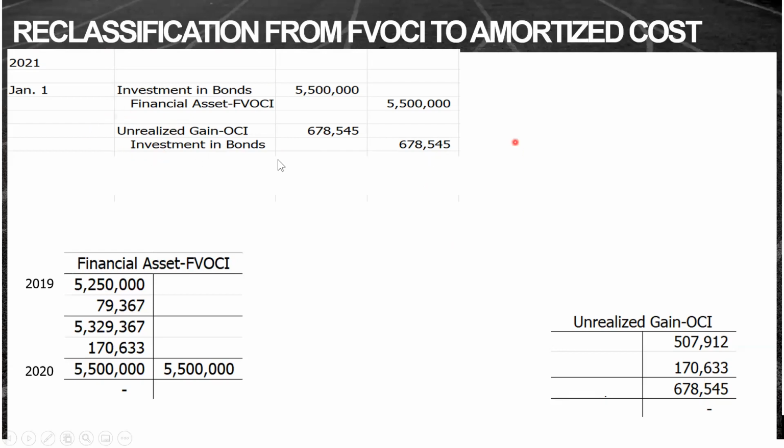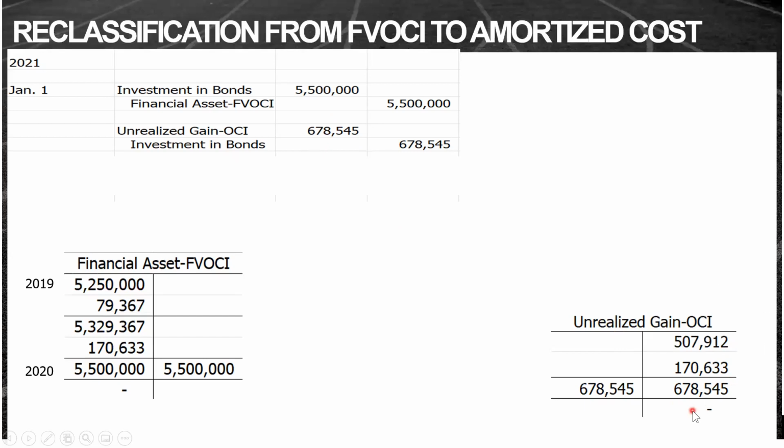So, anong effect ng entry na to? Ang effect ng entry na to is actually you're trying to revert your investment to the amortized cost na balance. So, this will be the effect for our unrealized gain OCI. Itong entry na to will zero out the unrealized gain OCI.